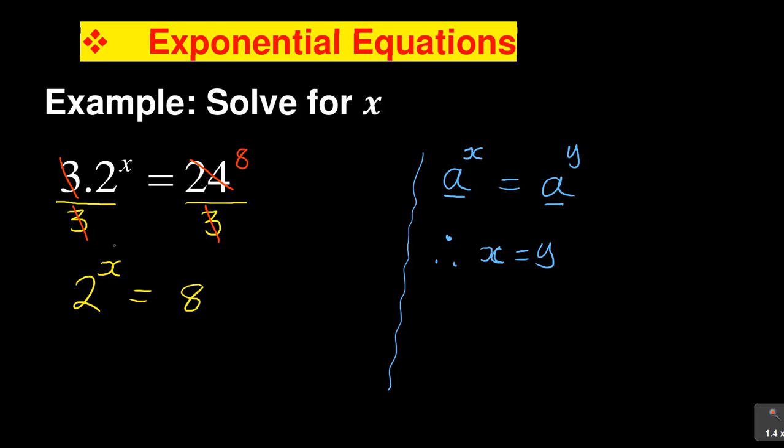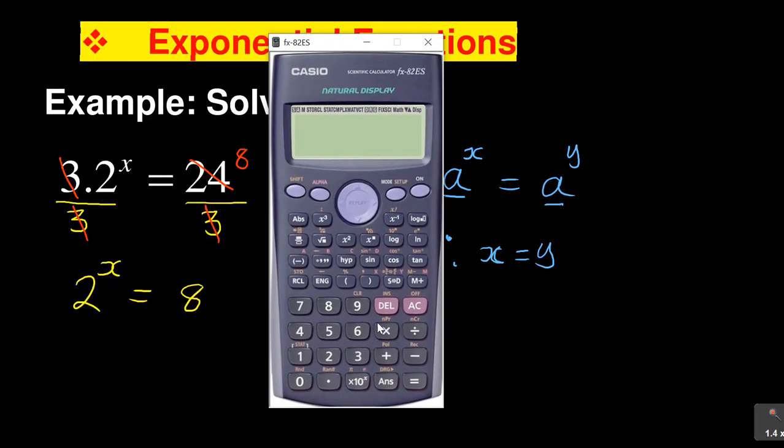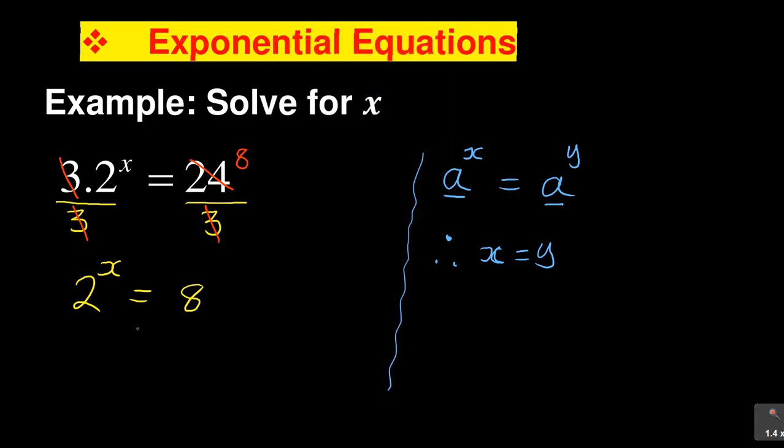Now with our calculator here, we can see that 2 times 2 times 2 is equal to 8. So it means 2 to the exponent 3 is equal to 8. So we can write 8 in terms of 2, which is 2 to the exponent x is equal to 2 to the exponent 3.